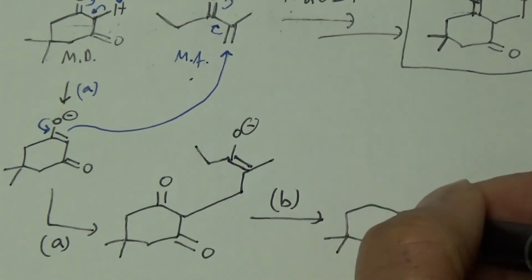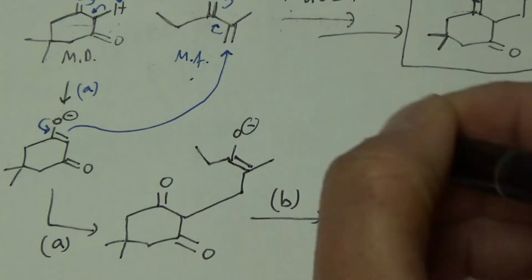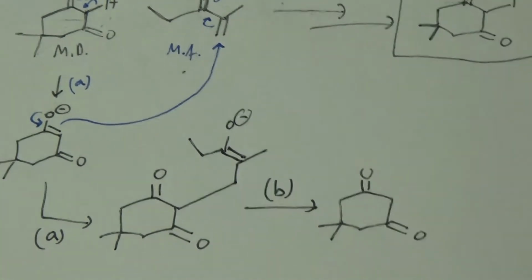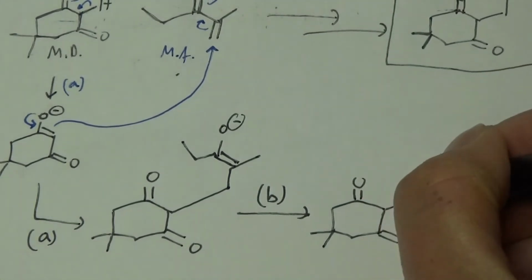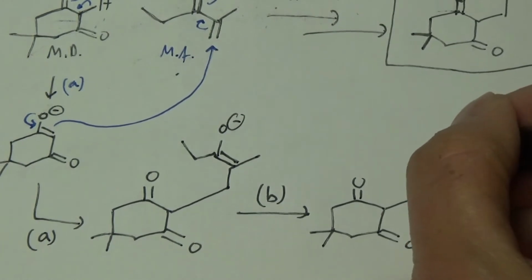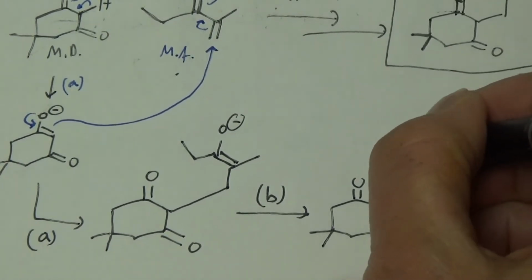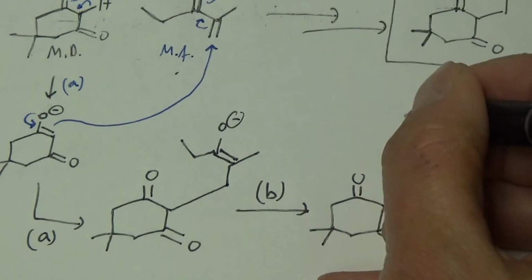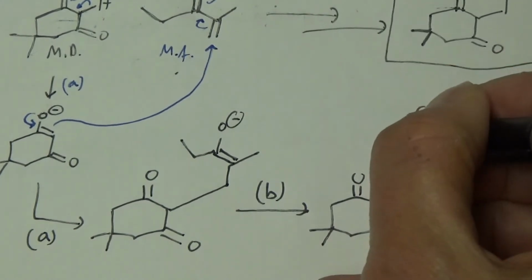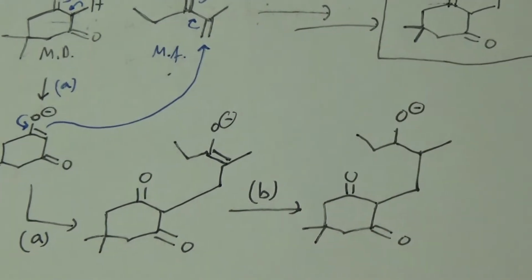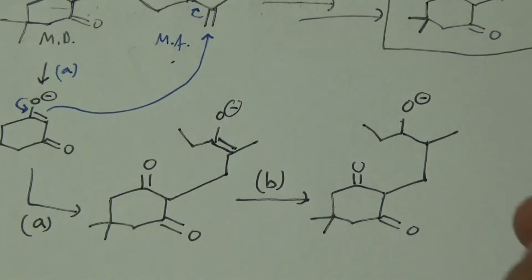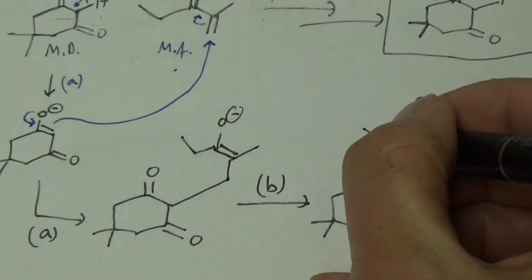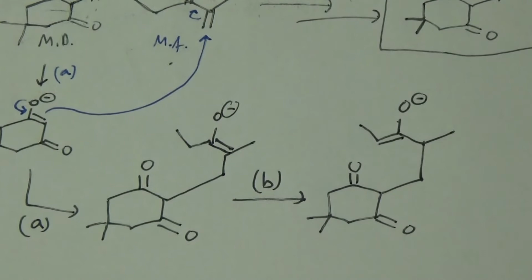Methyl, methyl. Ketone, we have 2 ketones, yeah. Carbon, carbon, methyl. There's our O minus. There's those 2 carbons. What am I missing? The enolate, right? Okay. That was step B. Really easy.